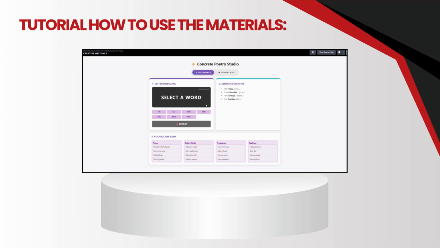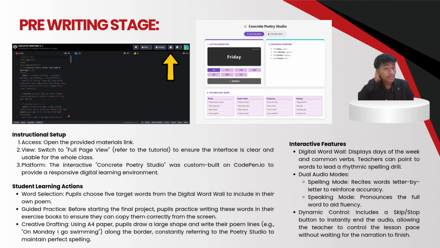So I think that is all for the tutorial of how to use my material. Thank you. Alright, now let's move on to the detail of each stage of this activity. So the first part is the pre-writing part.